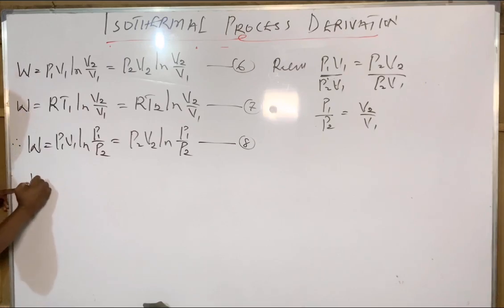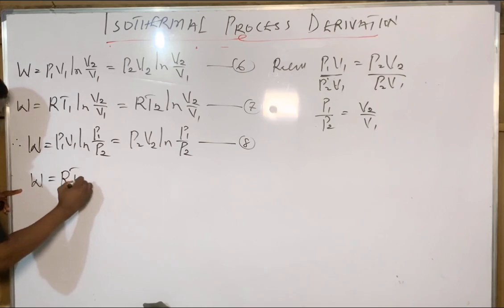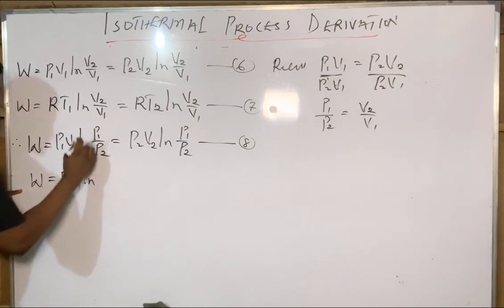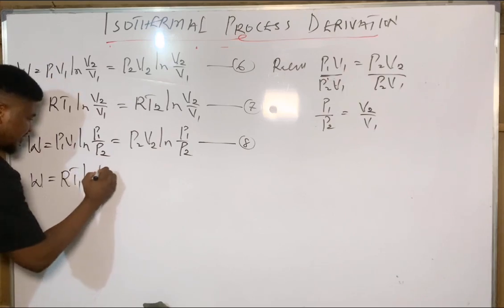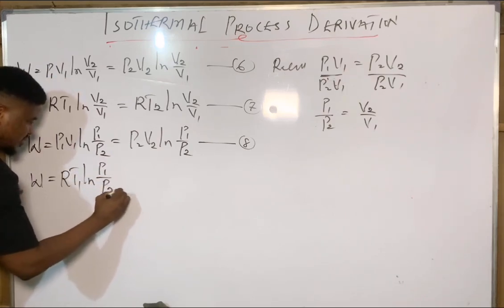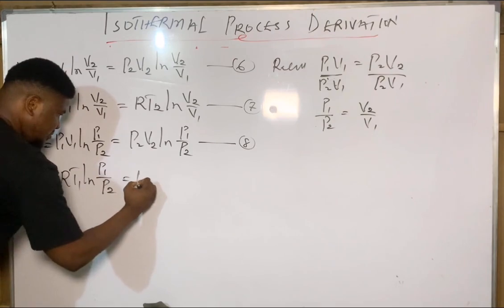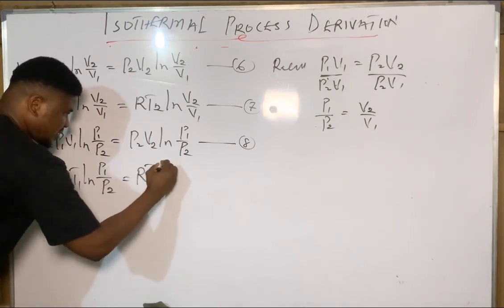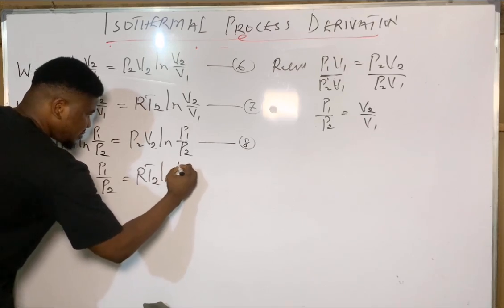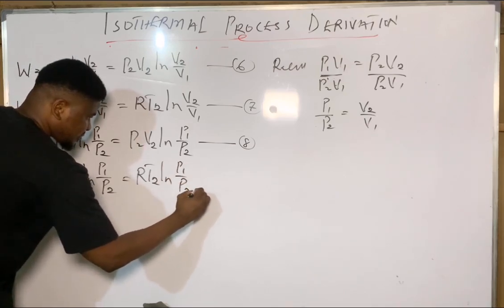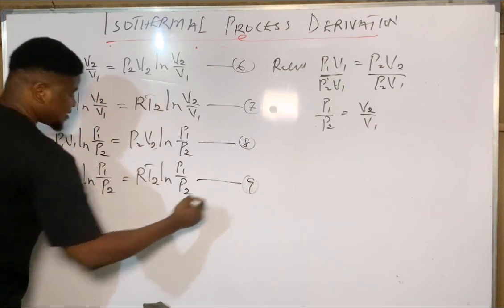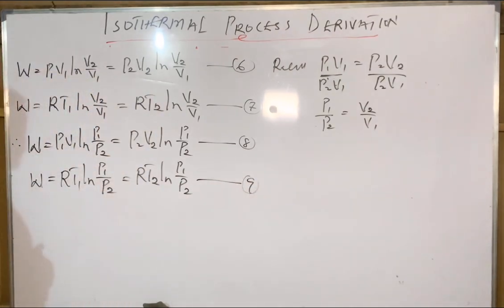Similarly, work done is equal to, for this case, RT1 ln P1 over P2, also RT2 ln P1 over P2. That's equation 9. Okay, so these are the equations for the work done in an isothermal process.